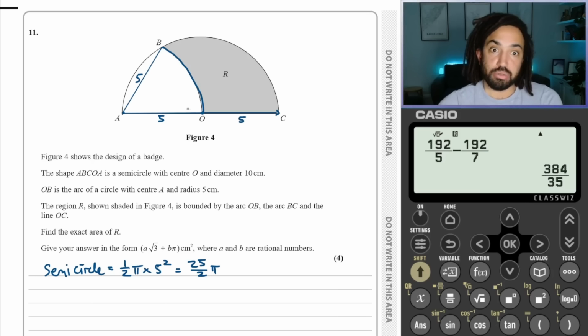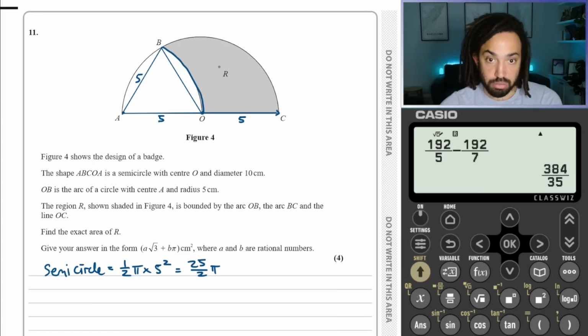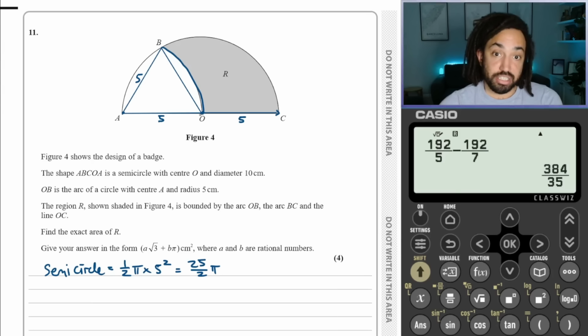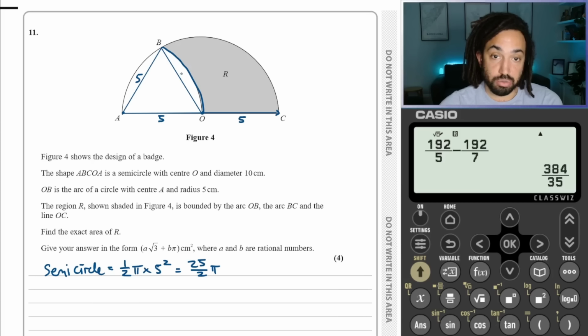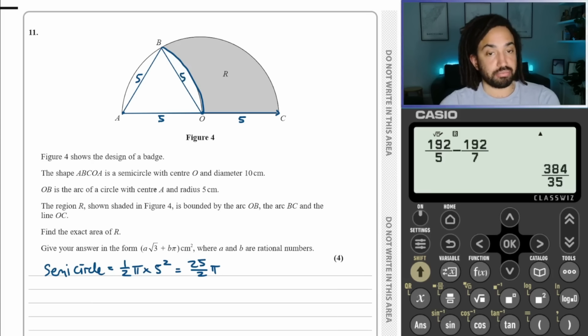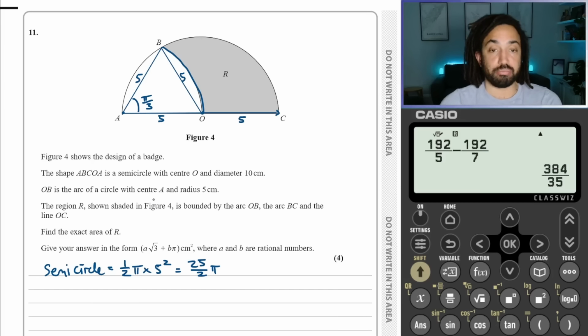Okay, and also I can draw a line from B to O, and because B is on the semicircle, which is centered at O, which has a radius of 5, this is also 5, that distance there. So we've got an equilateral triangle. So the equilateral triangle will have a 60-degree angle, but in radians that is pi over 3.